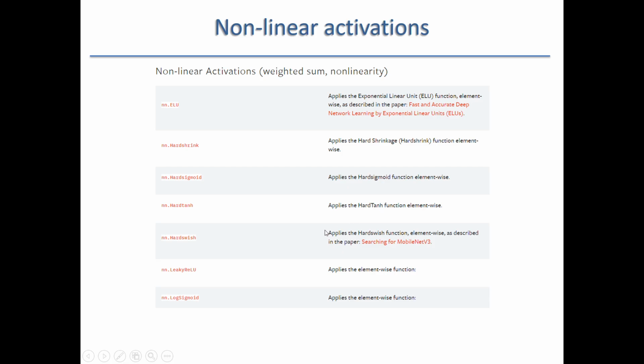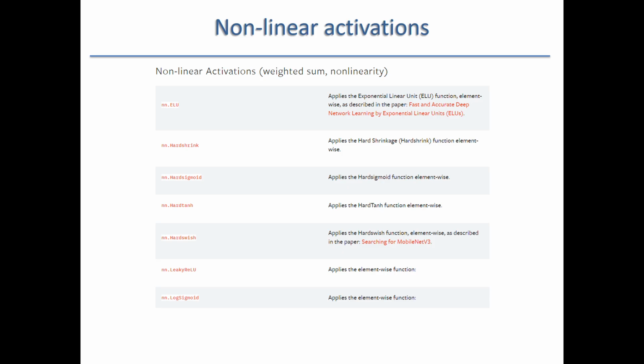Okay, then more ideas about layers are these nonlinear activations. We already saw the concept that you need nonlinear activation functions in neural networks, because otherwise everything would collapse to just one linear layer.